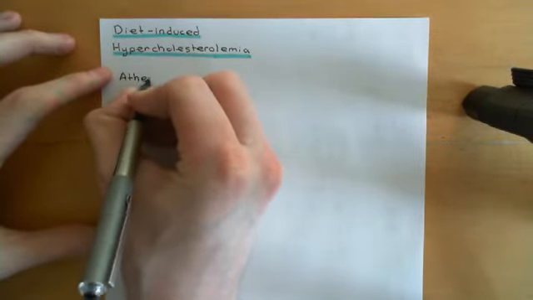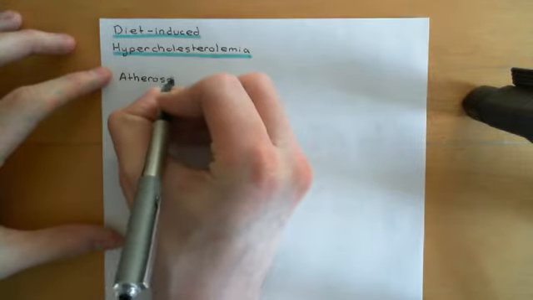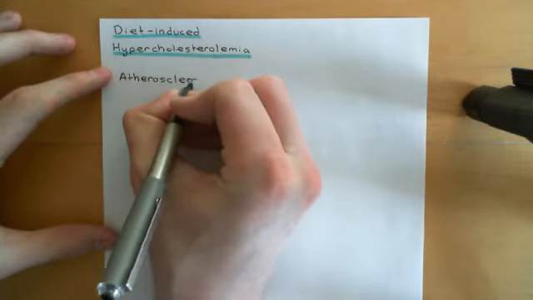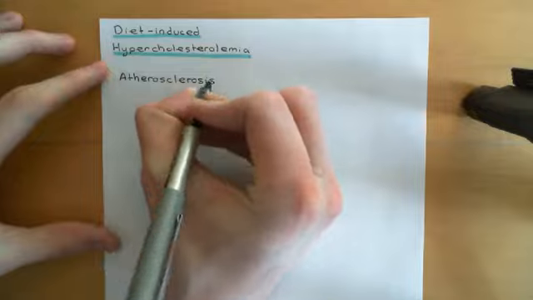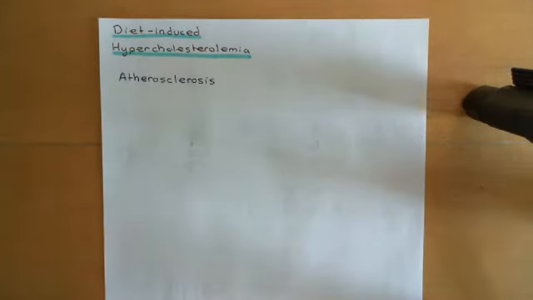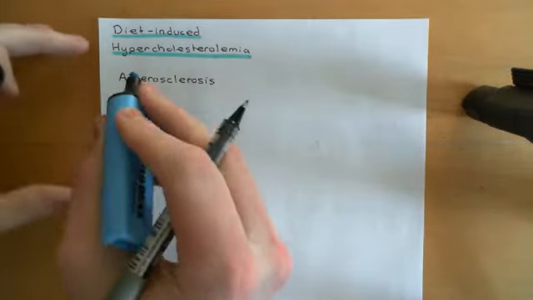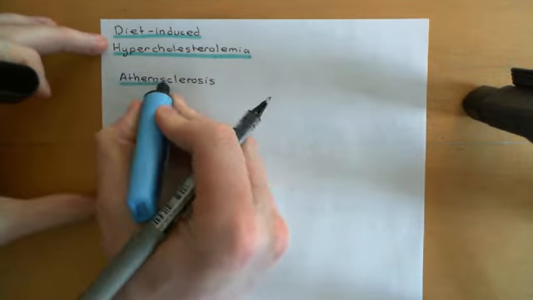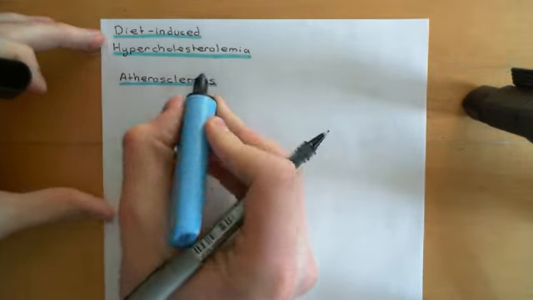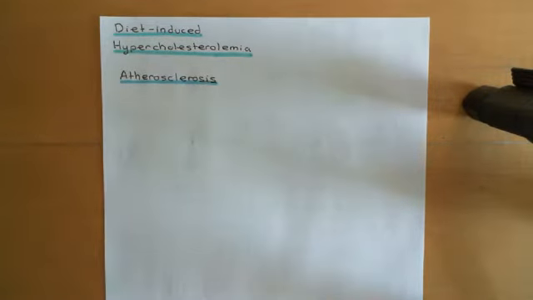Now, the first thing that we need to discuss in order to understand what happens in atherosclerosis is the histology of the vessel wall of arteries, and generally atherosclerosis does occur in arteries rather than veins.